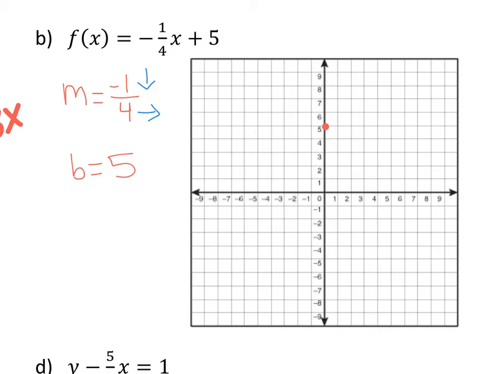Okay, so down 1, right 4, down 1, right 4. I'm going to go in the opposite direction, up 1, left 4, up 1, left 4. And you're going to use your ruler and draw a line.